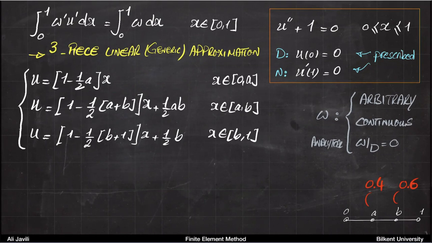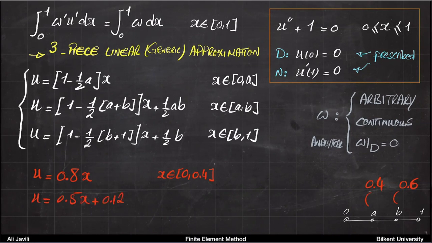So the first function would be u equals 1 minus 1/2 of a, that would be 1/2 of 0.4. So that would be 0.8 x. That is the first piece, if x is between 0 and 0.4. Then for the second piece, you have 0.5 x plus 0.12.